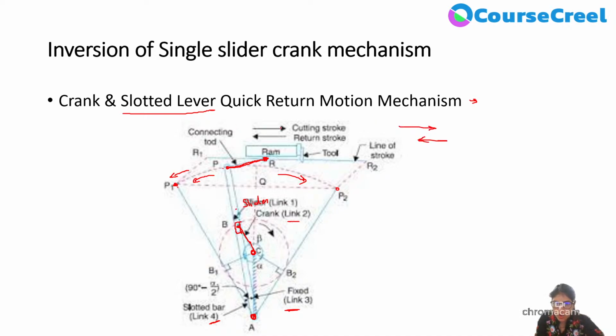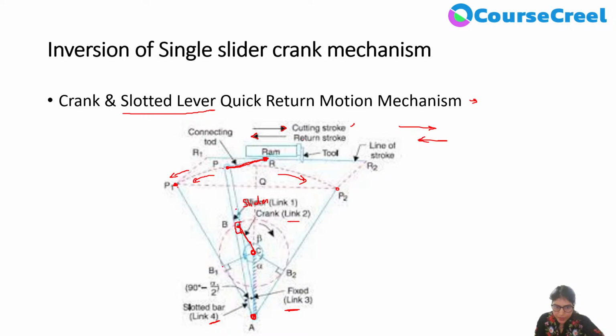When there is a forward direction, that is called the cutting stroke for the tool, and when there is a backward direction for the ram, it is called the return stroke of the tool. Now here we are considering the complete rotation of the crank, and we are dividing it into two strokes.